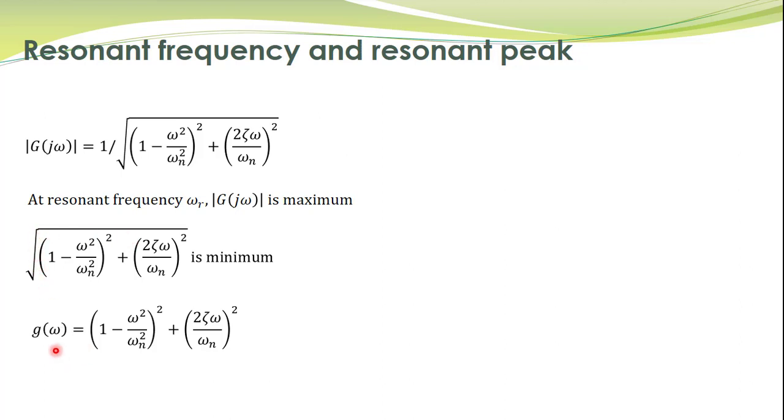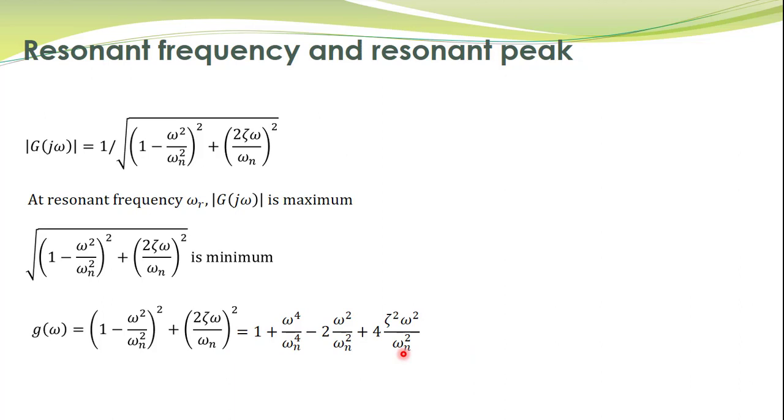So we take the derivative of this function with respect to omega, and then determine the resonant frequency. This expression is written in expanded form: square of this term, plus square of this term, minus 2 multiplied by this term, and square of this term is written over here.